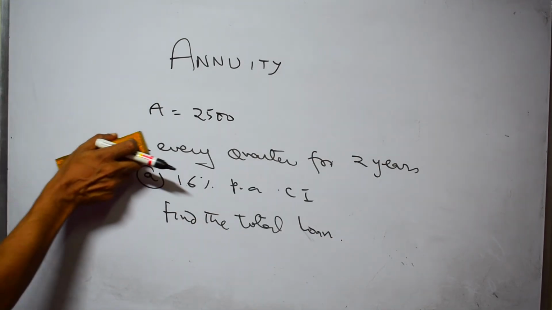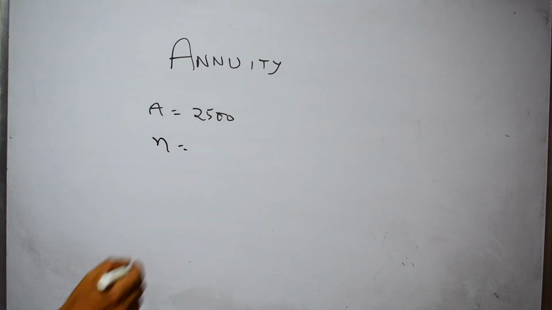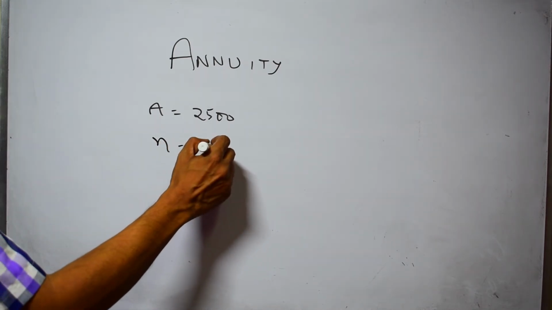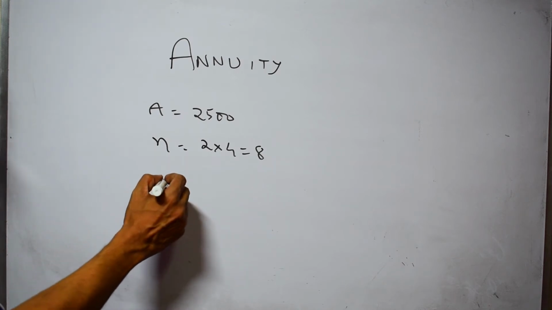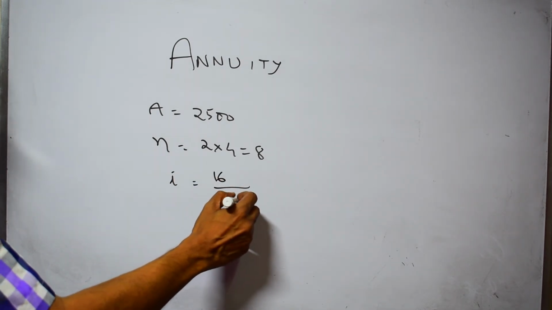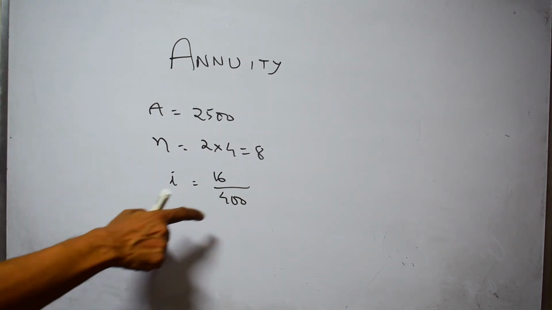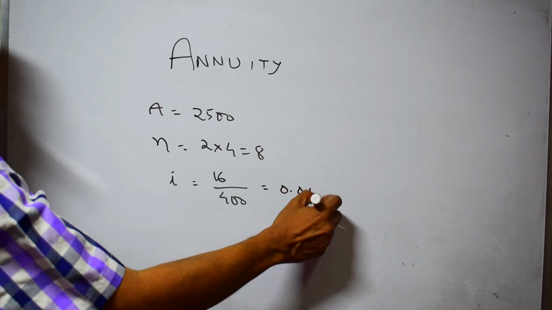N is the number of installments, and every year has 4 quarters, so 2 years will be 2 into 4, that is 8 installments we are going to repay, and I is 16% by 400, that is K is 4 in this case because we are repaying quarterly, so it comes to 0.04.